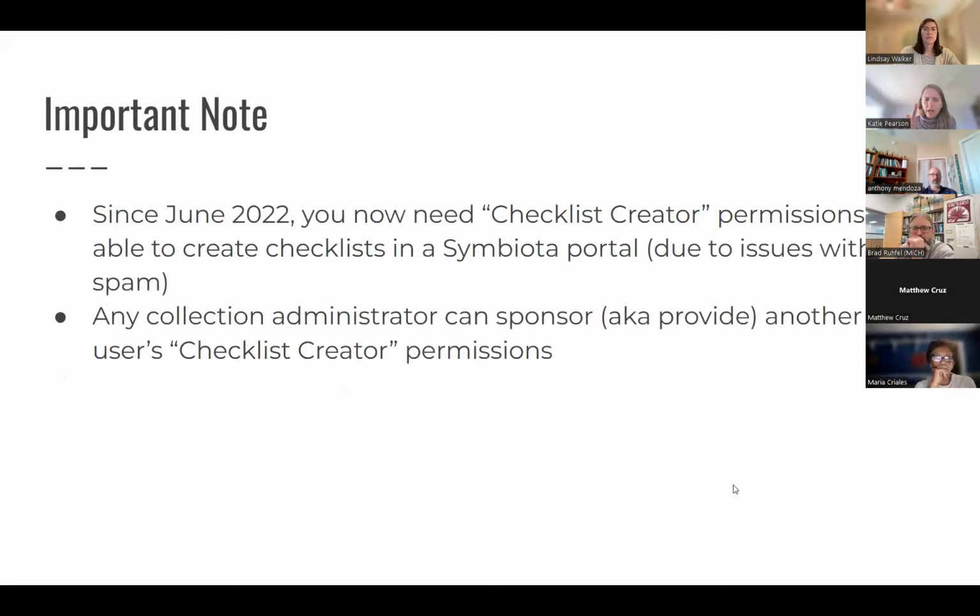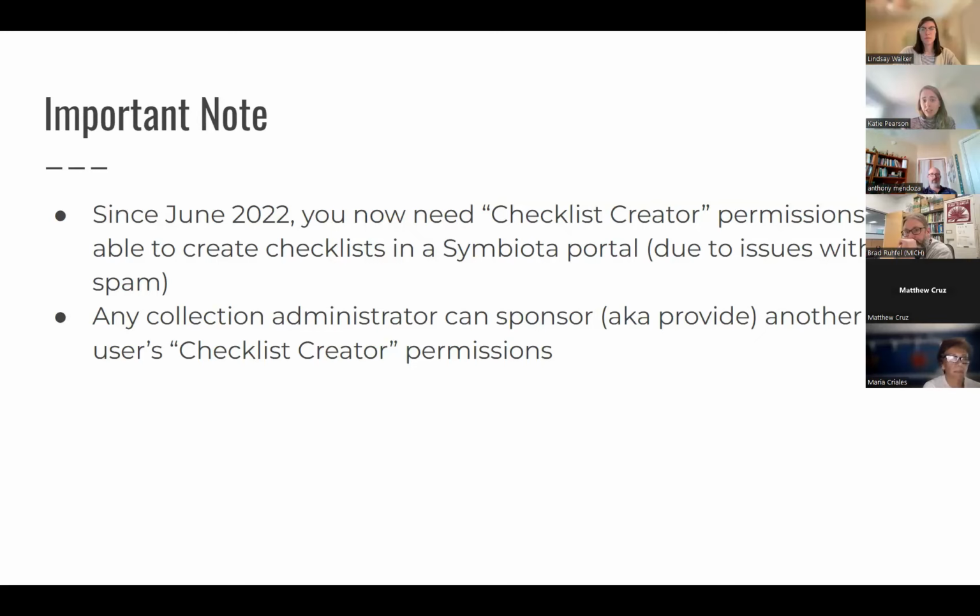So I wanted to pause and make a quick note. Since June 2022, there actually is a specific permissions level that you need in a Symbiota portal in order to make a checklist. Once upon a time, you could just create a user account and you could create checklists immediately, but then people or bots started using them for spam and putting advertisements on them. So now you actually have to be given access to create checklists in portals.